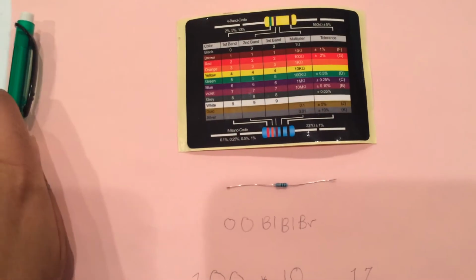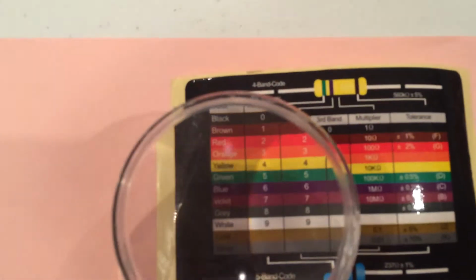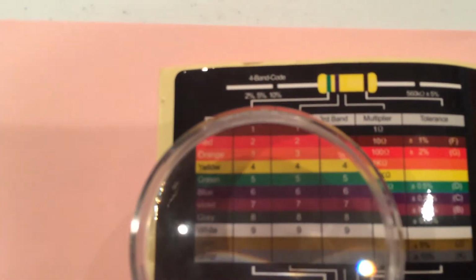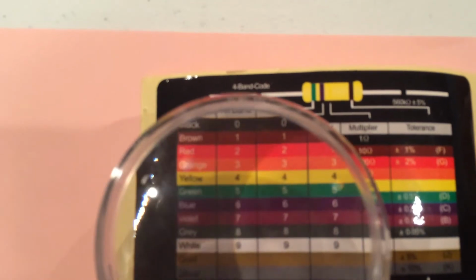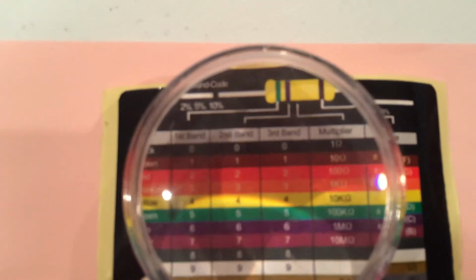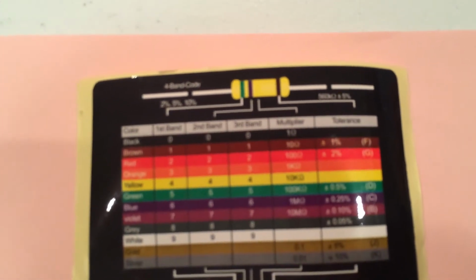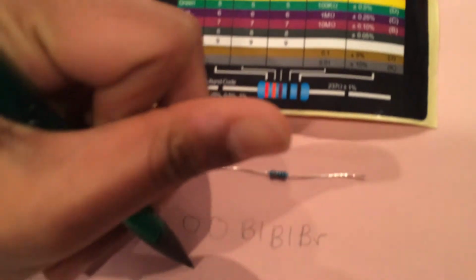Okay, so orange in the first band represents a 3. Orange again in the second band also represents a 3. And black in the third band represents a 0. So far, we have 330. Let's write that down.